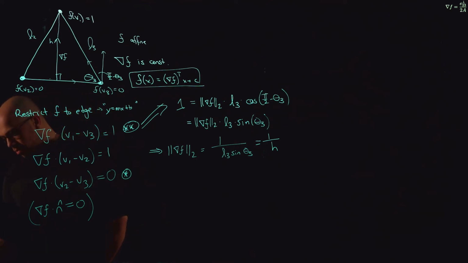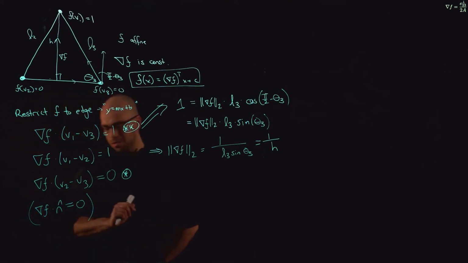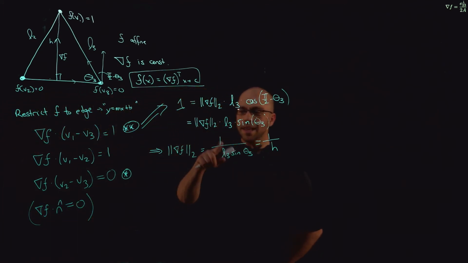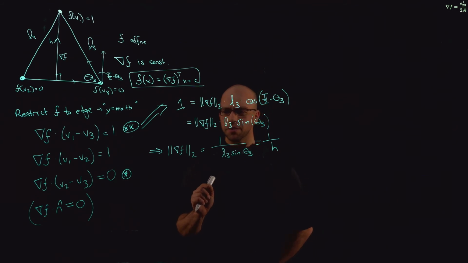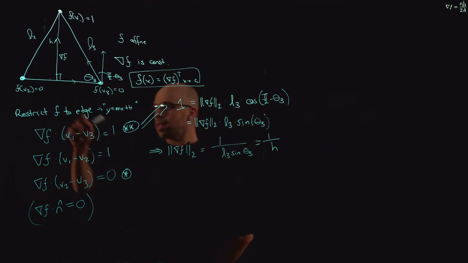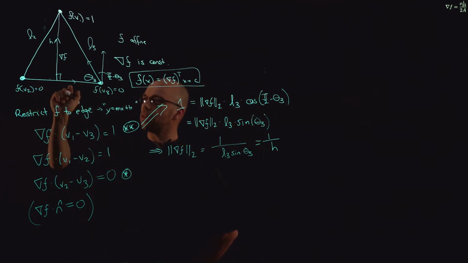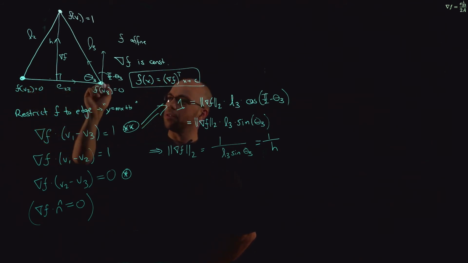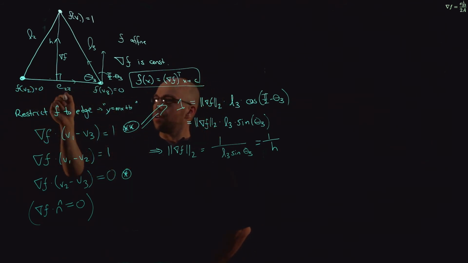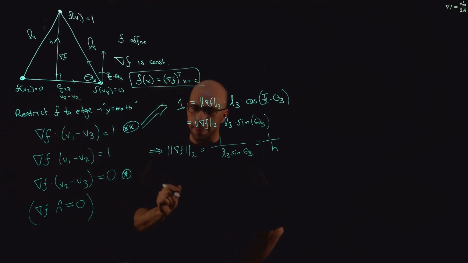All right, so then what do we have to do? Well, this gives us the length of our vector here, but it doesn't give us the vector itself. So let's say that we give this vector a name. We'll call this E2,3, right? So this is just the vector from vertex 2 to vertex 3, or equivalently it's just V3 minus V2.